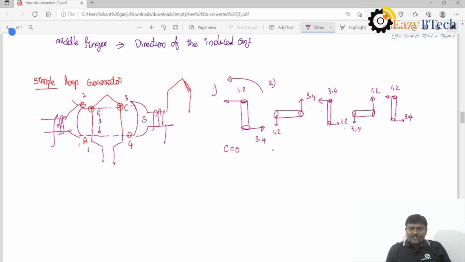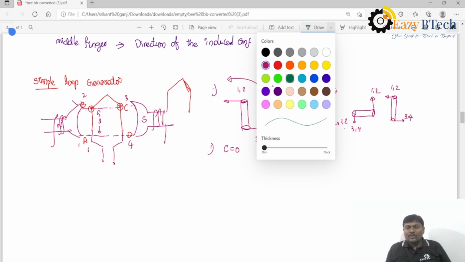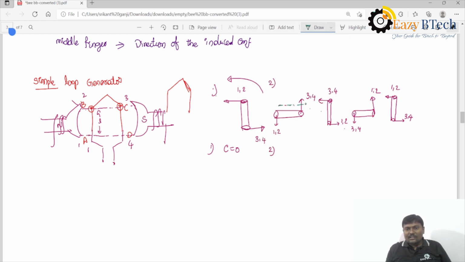And the second position, you can observe that the maximum number of flux lines are cut by the conductor. The flux lines are in this direction, horizontally. You will take it horizontally, the flux lines are coming like this. What is the meaning of this?